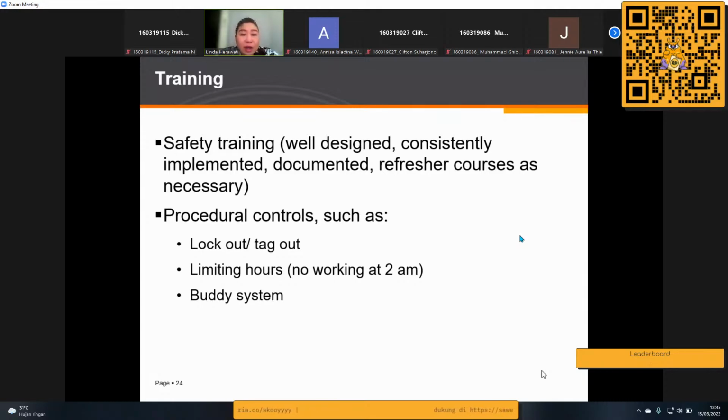For the procedural control for safety training, for example, we can use the lockout or tagout system. Lockout means when the area of the hazardous process consists of, for example, 10 workers, we have to lock out the workers until all of the machines stop. We cannot ask them to go out, or ask anyone from the outside to get into the system.